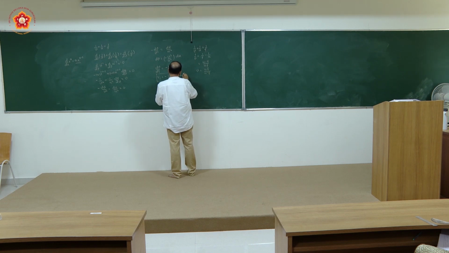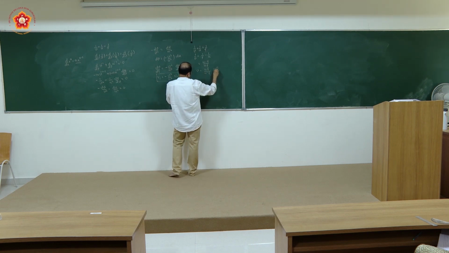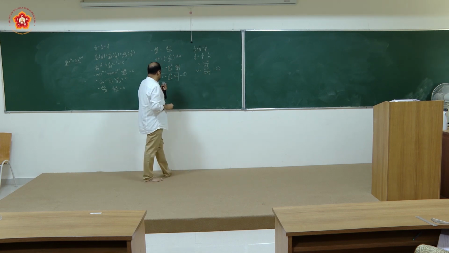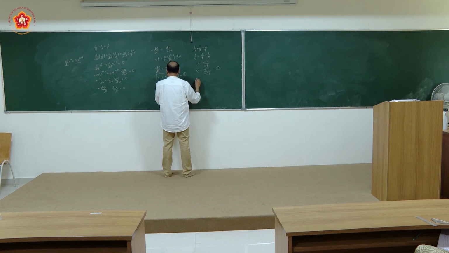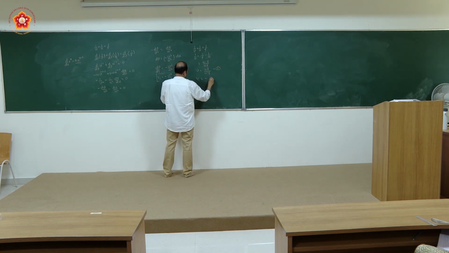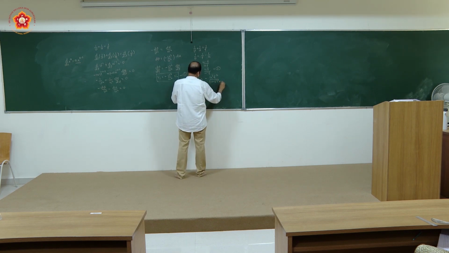If I'm calling this equation 1, I'll call this equation 2. So I will be able to write down here vi is equal to minus of u square f square divided by u minus of f whole square and multiplied by u square into v naught.